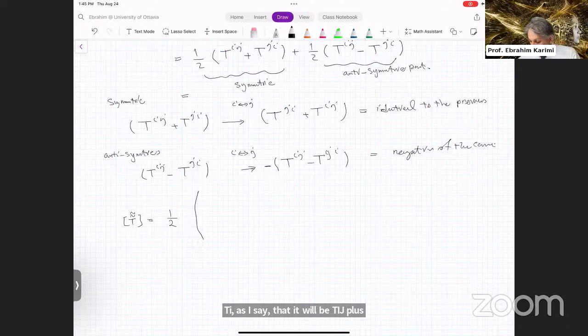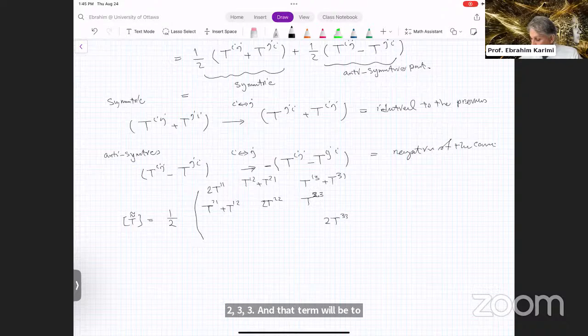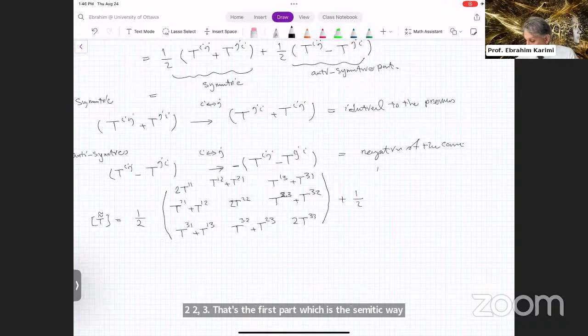It will be 2T11, T12 plus T21, T13 plus T31, and you can do the rest of the calculation: T21 plus T12, 2T22, 2T33, T32 plus T23, T31 plus T13. That's the first part, which is the symmetric one.